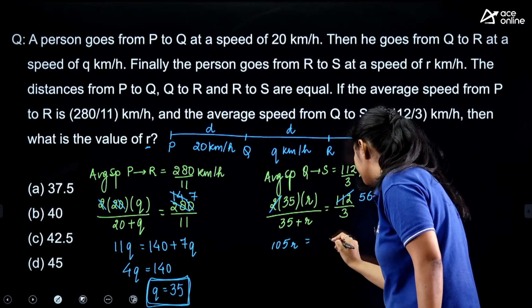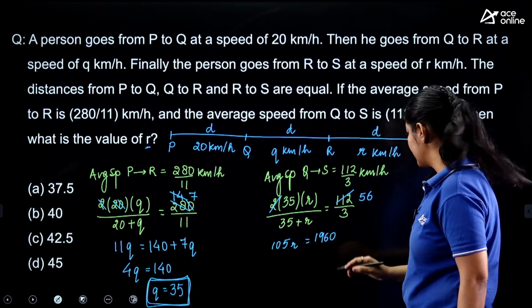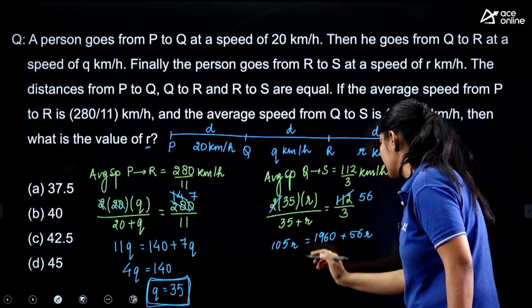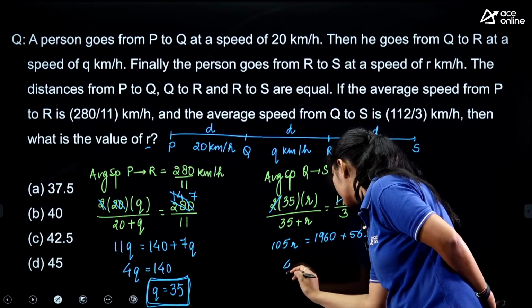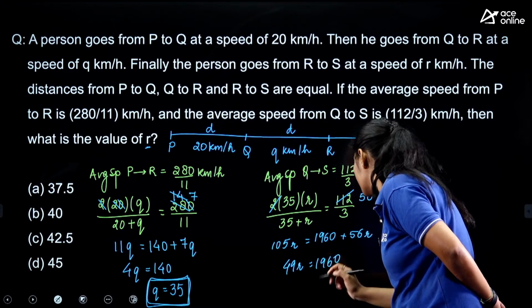It is 1960 plus 56 r. So what value did we get? We got 49 r equals 1960.